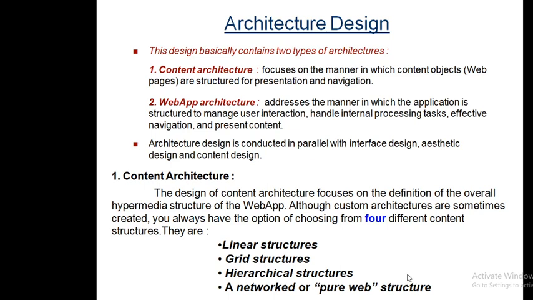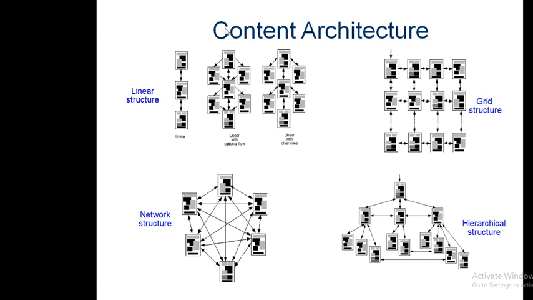I can explain these structures in a diagrammatic representation. So these are the four different types of content architecture: linear architecture, grid structure architecture, network structure, and hierarchical structure.